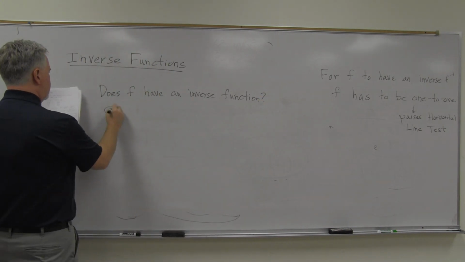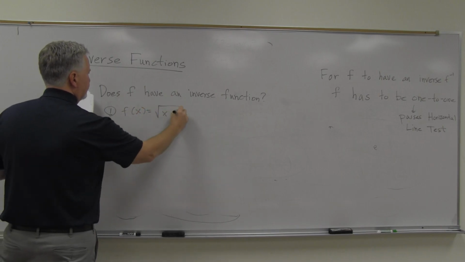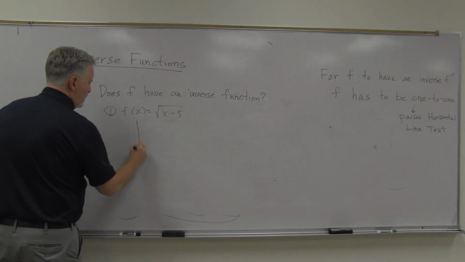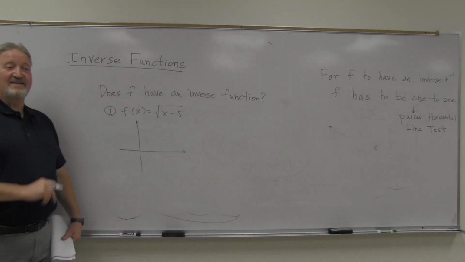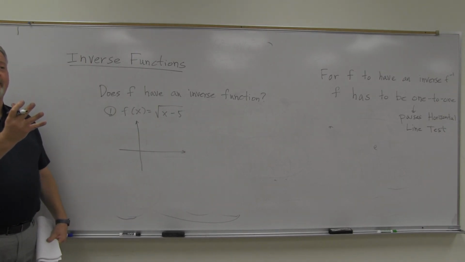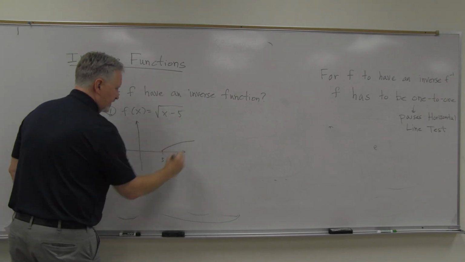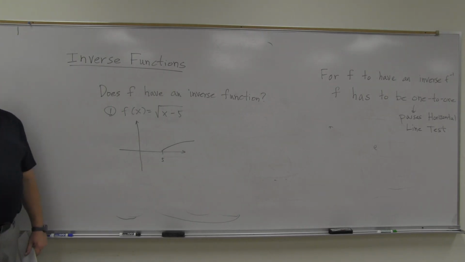So the first one I'm going to do, f of x is the square root of x minus 5. I think they may have it already graphed for you, but we know what that graph looks like, right? It's been a while, but that's the square root graph shifted 5 units to the right. So a really quick version of it looks like that.